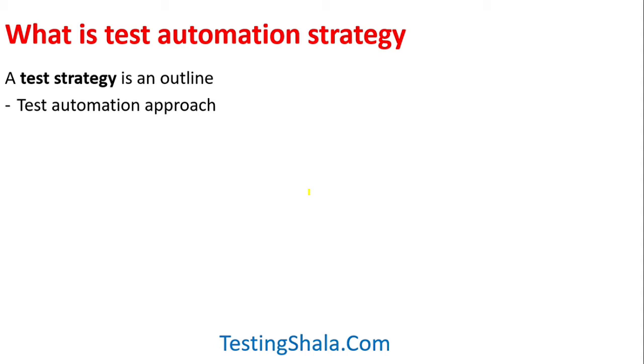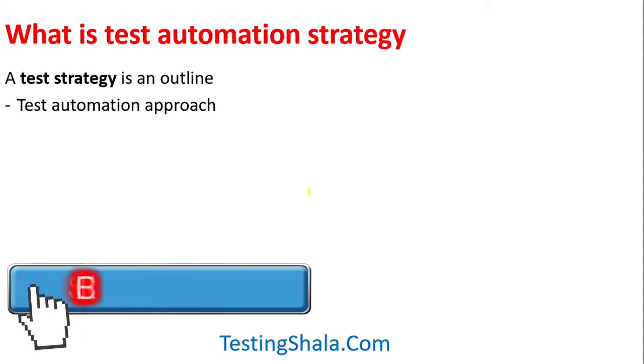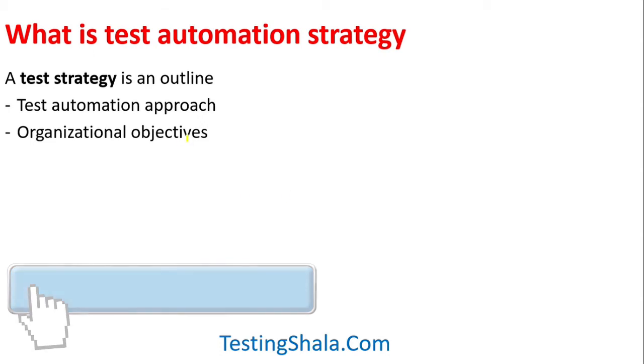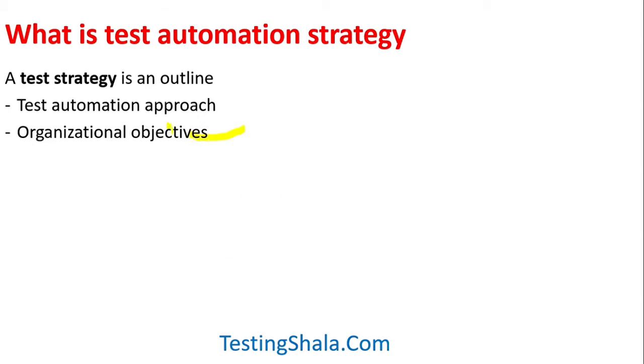How are we going to do our test automation for a given application, a given project, or a product release, and what are the organization's goals or objectives? Every organization will have their own objectives and goals to meet their automation strategy. They may want to bring in 50% automation, or 90%, or as much as possible.